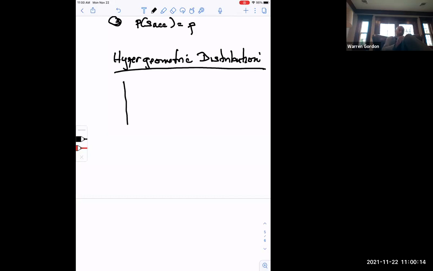So consider the following. We have an urn. I want to use the same notation as the text.